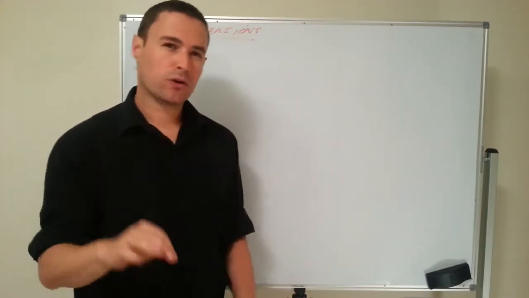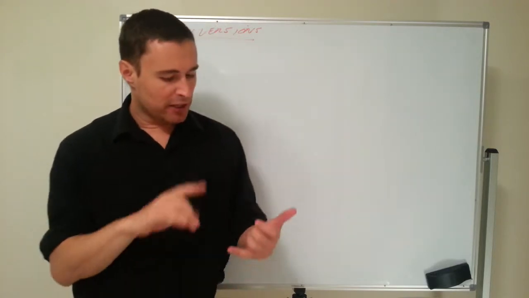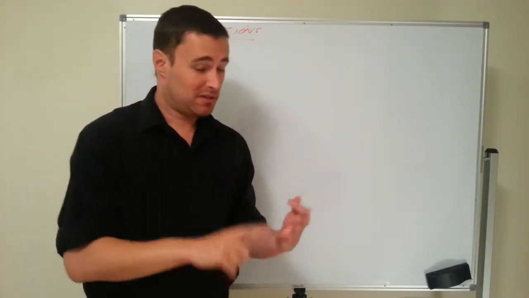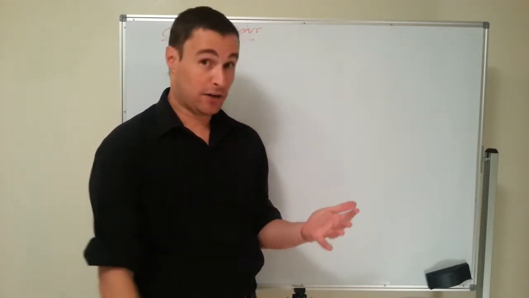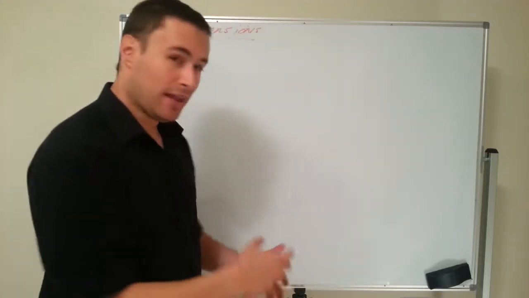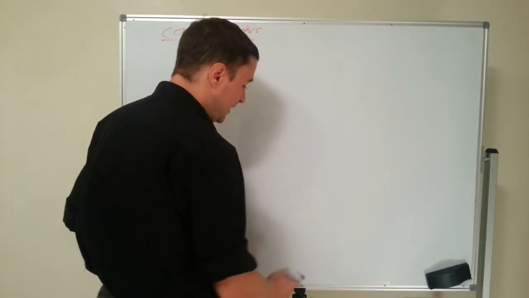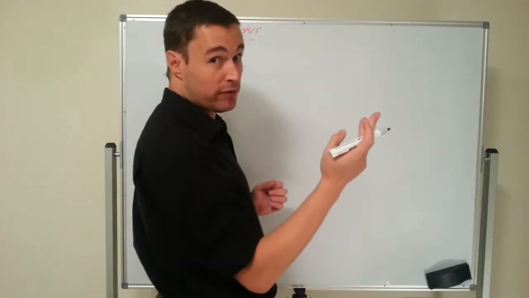Now, the thing that I say with conversions is it doesn't matter if you're dealing with liters, meters, or grams. Meters for distance, liters for capacity, and grams for weight, all right? The idea is all the same. And all that I say that you have to learn are the three prefixes.